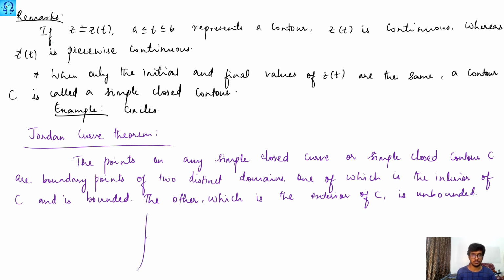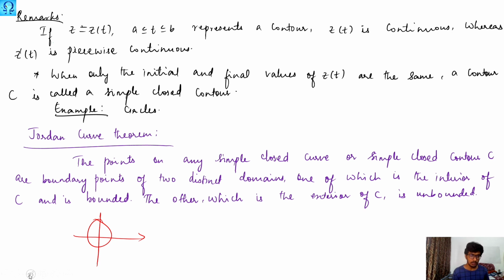So, if you wish to see some examples, we are not going to prove this theorem anyway. Let me just give you the ideology of what this theorem tells you. You consider a circle of this sort. Now the circle, only the circle, I'm not talking about the disk. The circle is a simple closed curve.